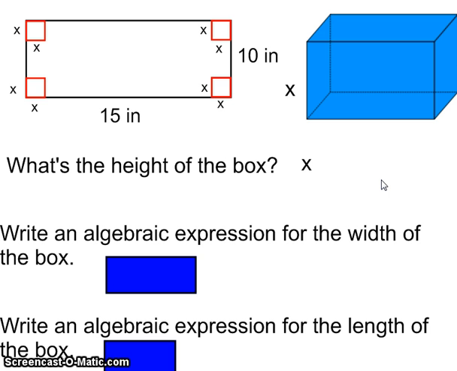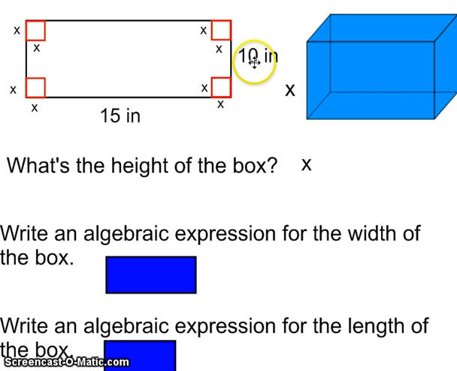Alright, write an algebraic expression for the width of the box. Alright, so if the width of the box started out as being 10 when I gave you a rectangular sheet of paper, and then we're going to cut X out of this corner, and X out of this corner.